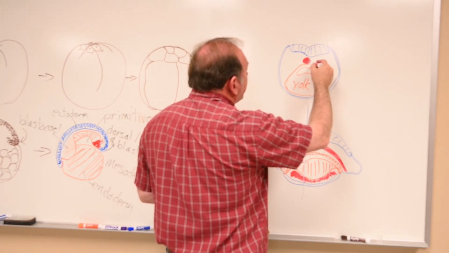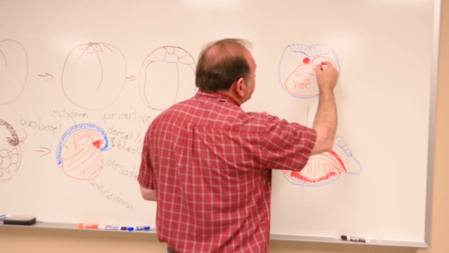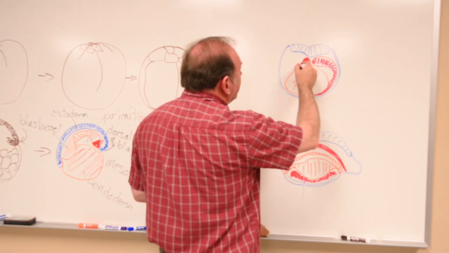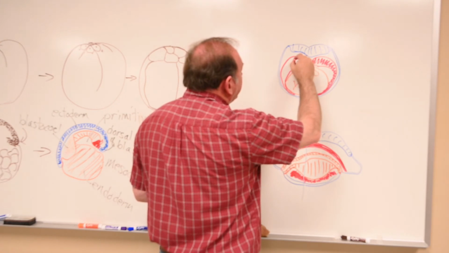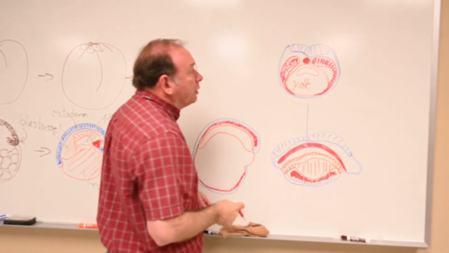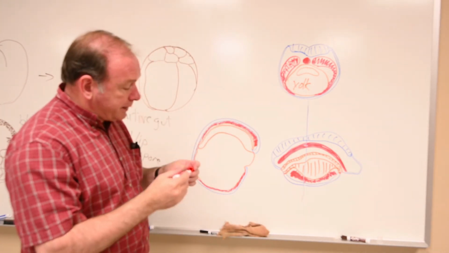And lateral to the notochord is that lateral mesoderm that kind of folds in here on either side. Eventually it'll go all the way around and meet under the yolk. The left side mesoderm will meet the right side mesoderm beneath the yolk down here. So a cross-section of the body of the developing tadpole would look something like that.